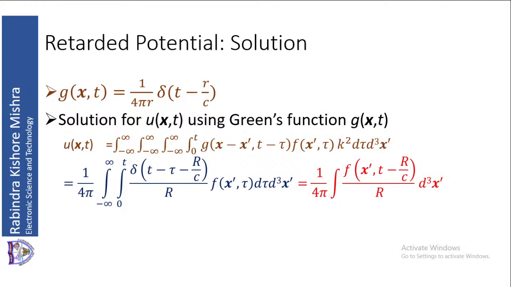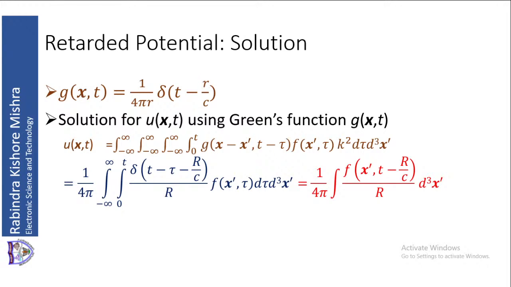Therefore the source term is F(x dash, tau), integrated over d tau d cube x dash. That gives you 1 by 4 pi, for G you put delta of t minus tau minus r by c divided by capital R, times F(x dash, tau) d tau d cube x dash.